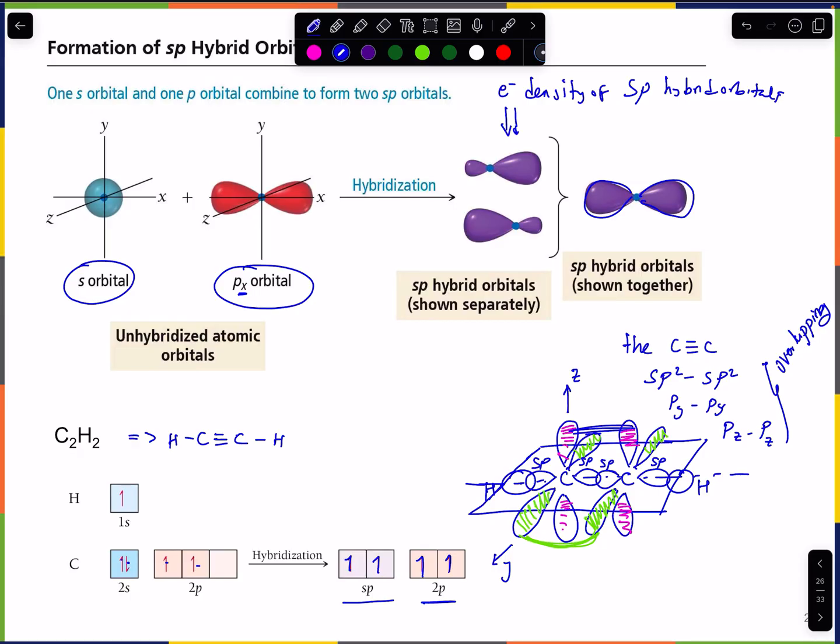Each one of these interaction or overlapping regions is going to have two electrons. I'm not going to put those electrons there because the plotting is already pretty crowded, but each one of these is going to have two electrons, one here, another one here, and so on. So this is the sp hybridization.